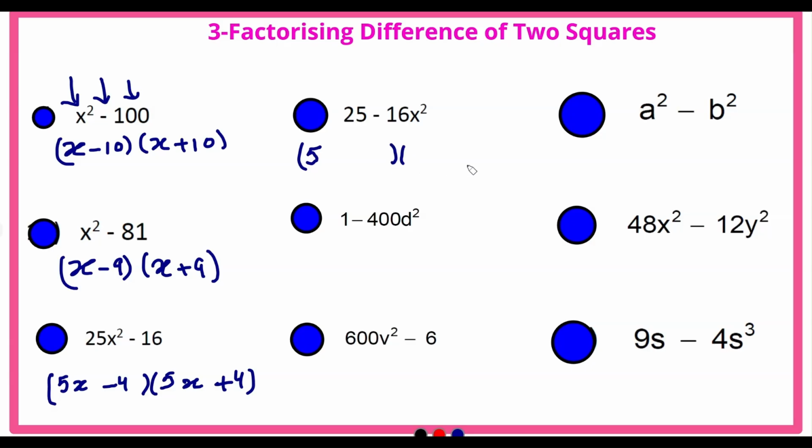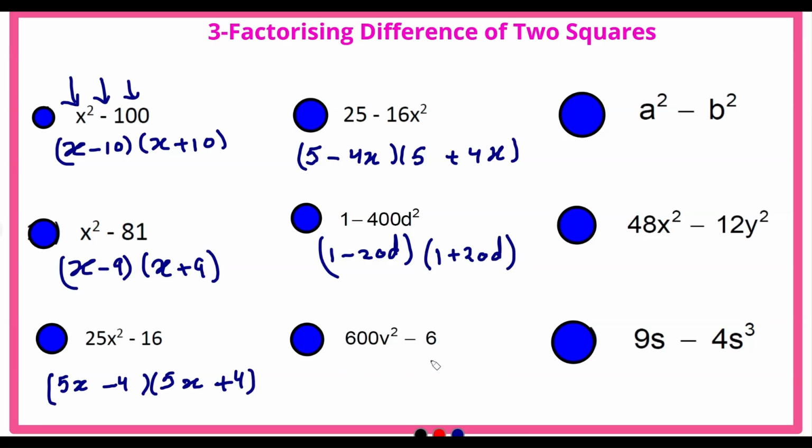So I do the same. 5 minus 4x, 5 plus 4x. What about that? 400 is a square number, but you need to know what times itself is 400. That's 20 times 20. So 1 minus 20d, and 1 add 20d.